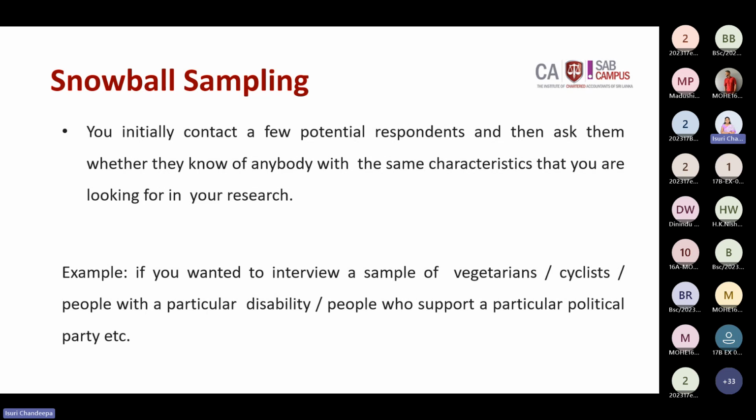What happened? Likewise, the researcher is going to expand the sample, right? So you initially contacted a few potential respondents and then asked them whether they know anybody with the same characteristics that you are looking for in your research, right?